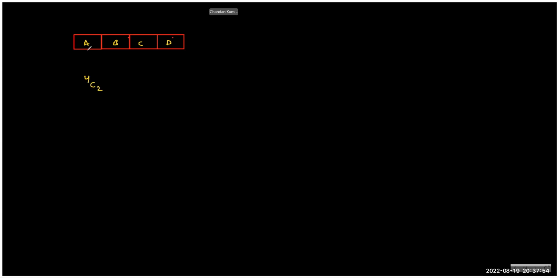So how can you pick? Let's say if you start with A, then you can pick A and B as one combination, or you can pick A and C, or you can pick A and D. But if you start with B, you can pick B and C or B and D. And if you start with C, the only way is picking C and D. I'm always going forward because the earlier pick is done.